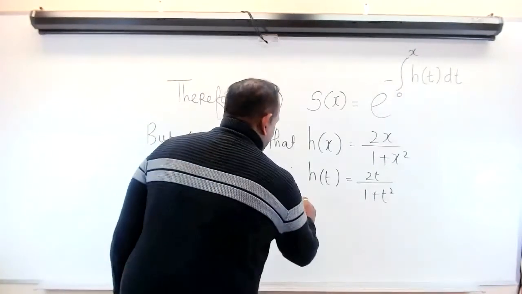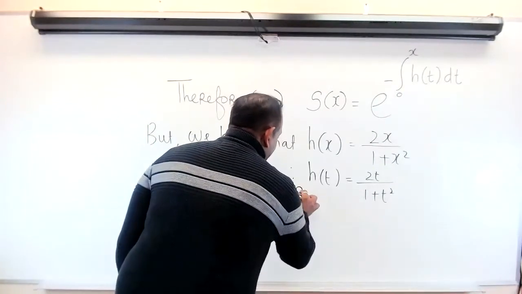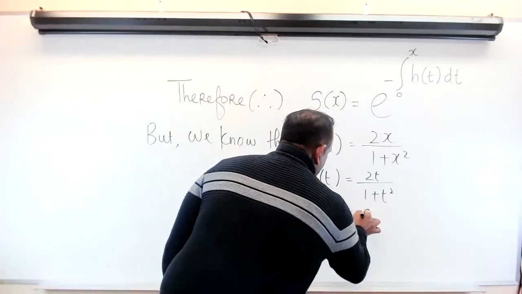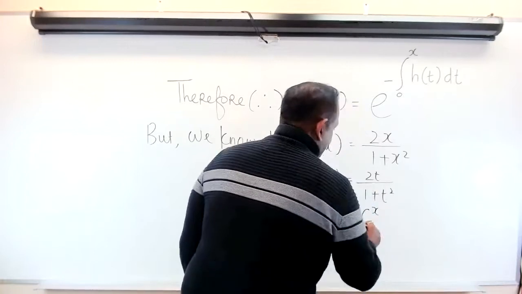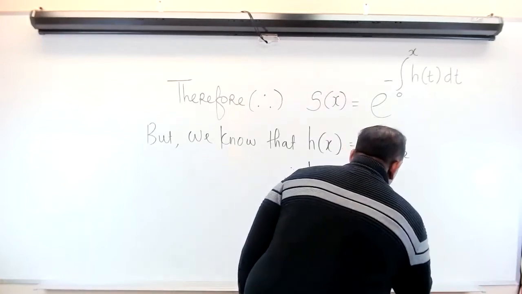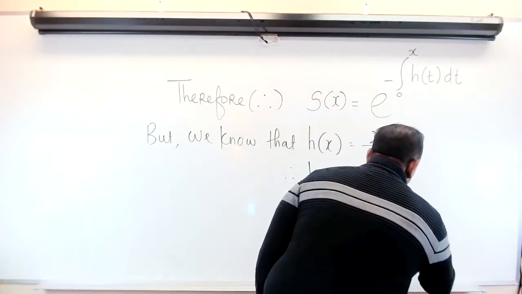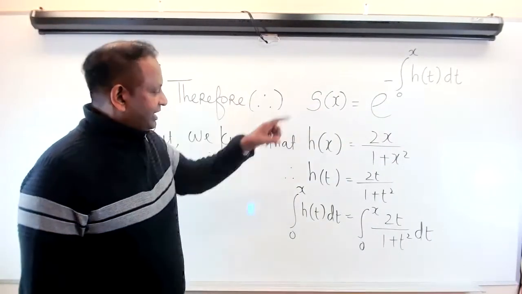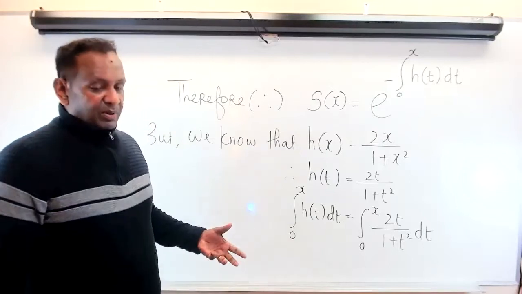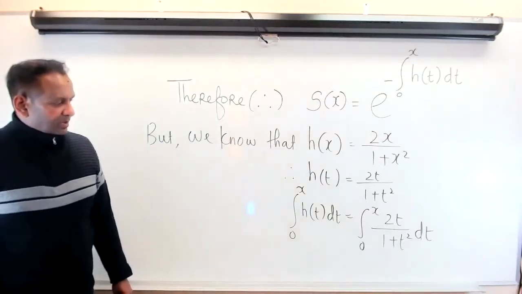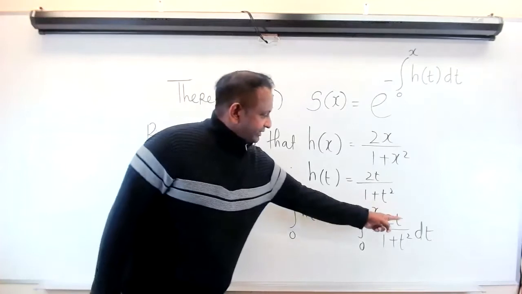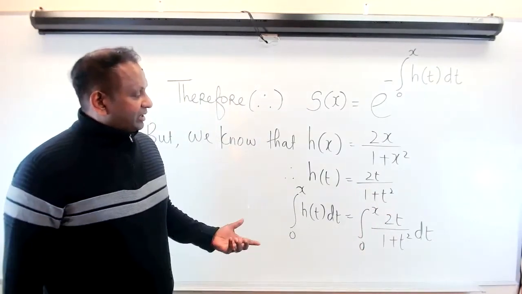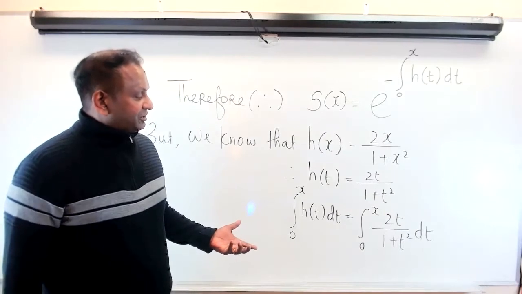Let's integrate this, 0 to x of h(t) dt, which is 2t over 1 plus t squared with respect to t. I'm building up part by part. So how do you integrate this one? Very easy. Now you have to go to integration techniques.